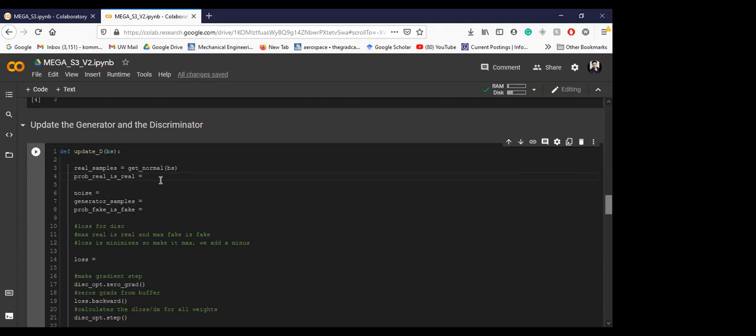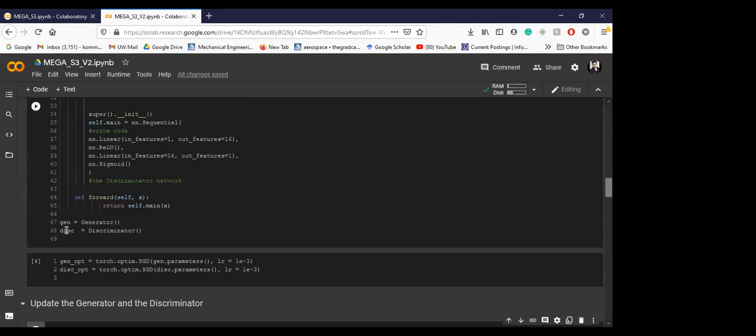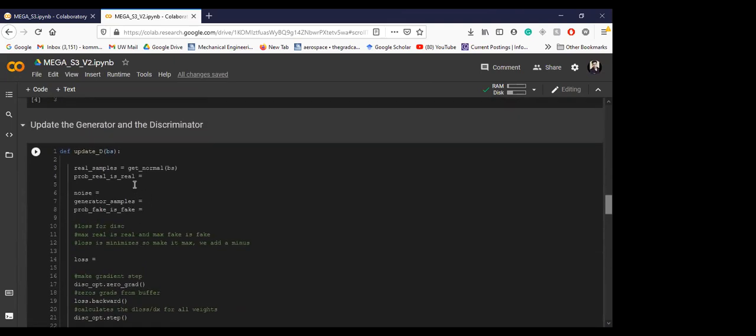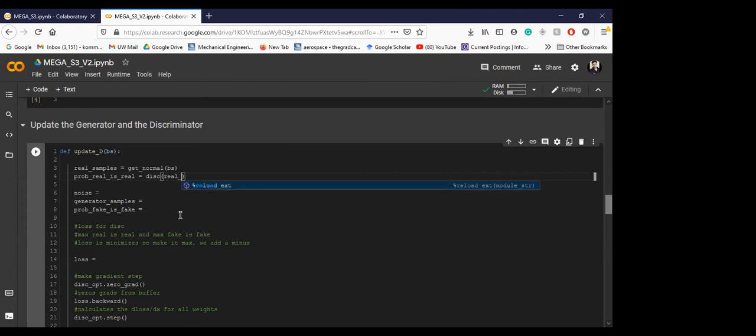Now, the probability that real is real, or the probability that something real is identified as real by the discriminator, is basically, so we have written the discriminator as disc, and we know that the output of a discriminator is basically the probability that something is real. So we just write disc of real samples.